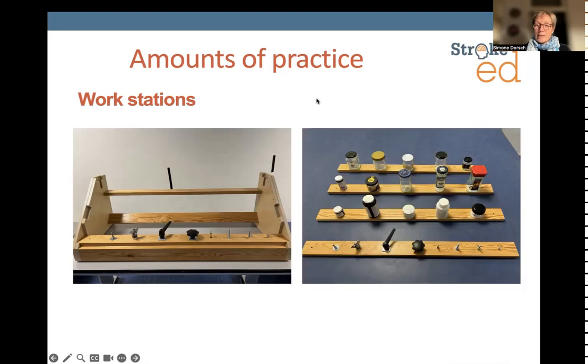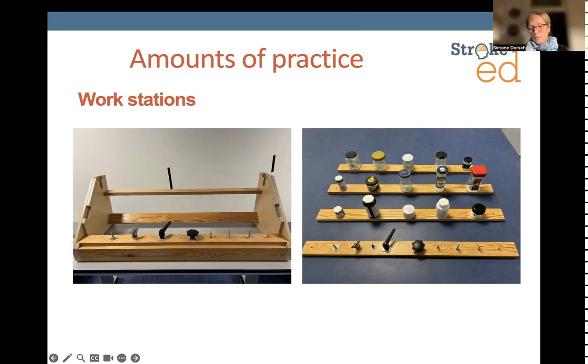So this is an example of a very neat workstation. This photo was taken at Glostrup Rehabilitation Hospital in Copenhagen, and there's a great example of this at the Hammel Rehab Centre in Denmark, which is close to Aarhus. What's very clever about this is you have a wooden frame, and then you have these horizontal wooden slats, I guess you might call them, and each one contains a different type of activity.